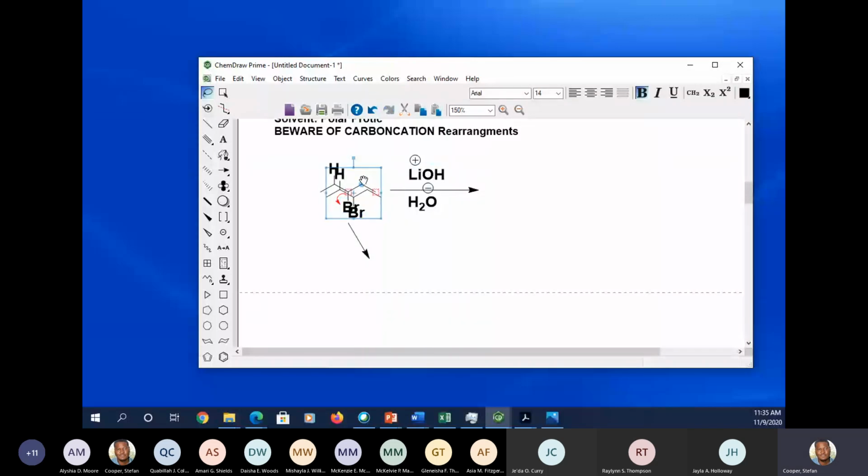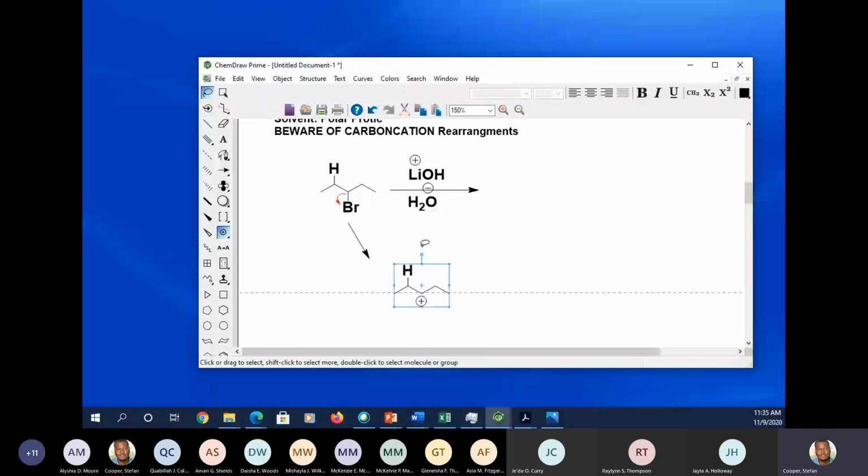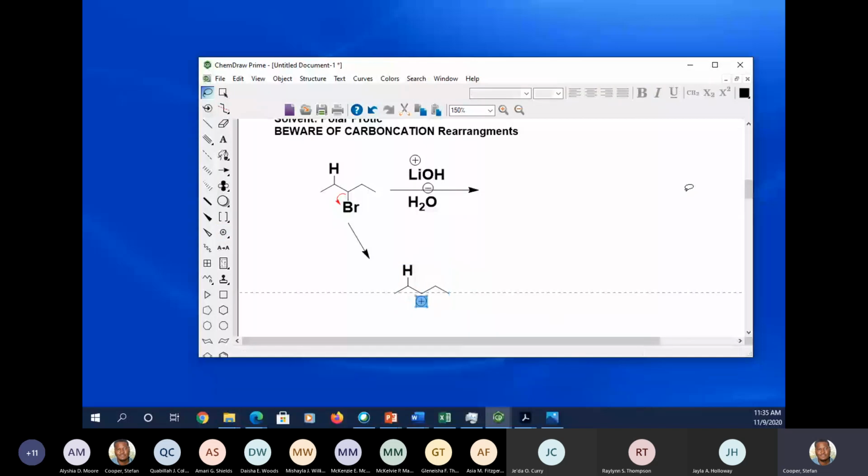If you had to classify this carbocation, which type would you say? Secondary. Yeah, this is secondary. Okay. Are there any potential rearrangements for this one? All right, somebody says yes. So there are neighboring hydrogens on both of these carbons, right?